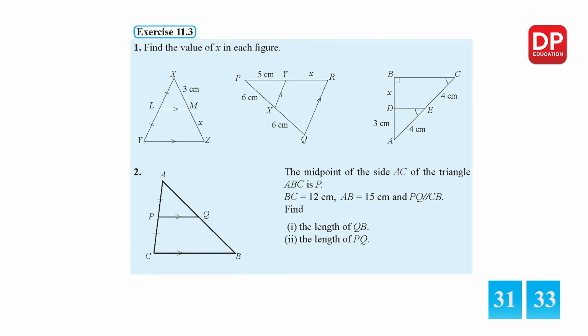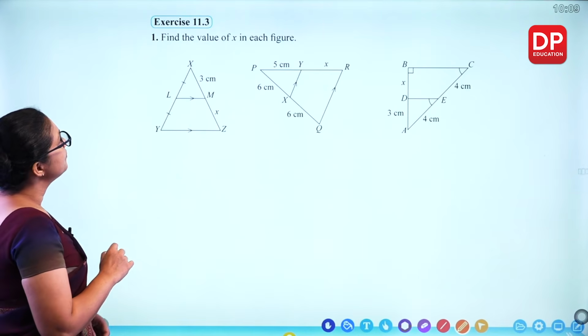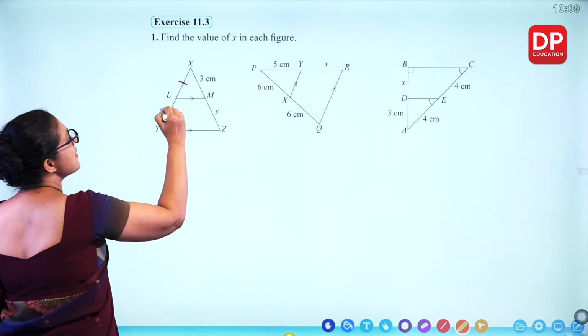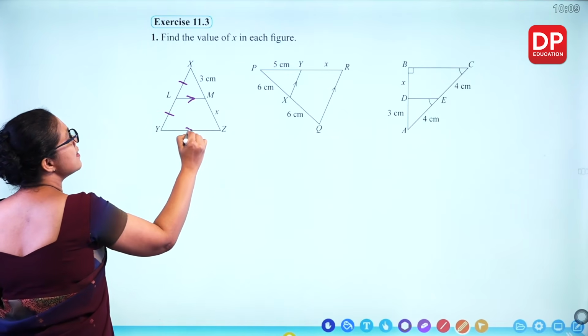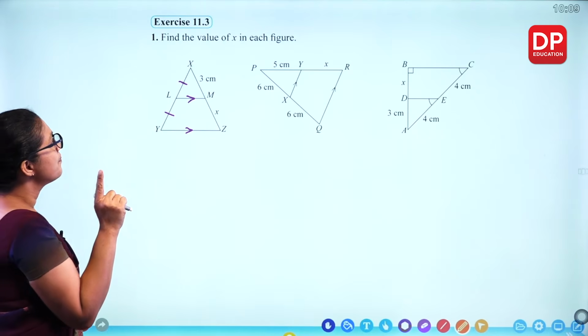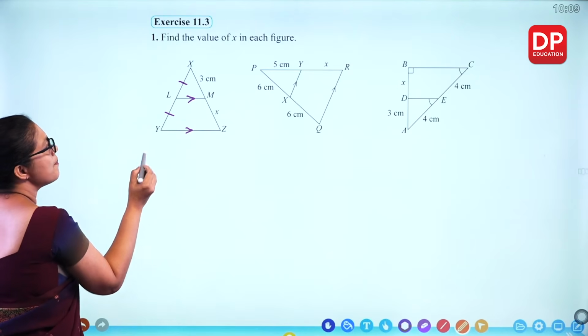Exercise 11.3. Find the value of x in each figure. Now look at the first one. These two lengths are equal and these two are parallel. According to the converse theorem, what's MZ? It's also the same length.